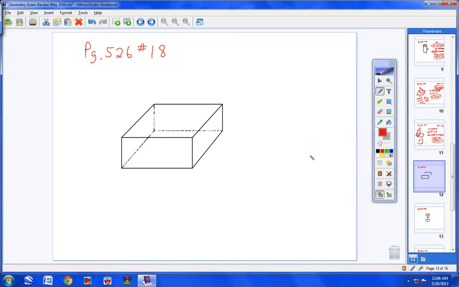Okay, page 526, number 18. Find the volume. Now listen carefully, Tara. This is the volume of a rectangular prism. Okay? And it's so easy.